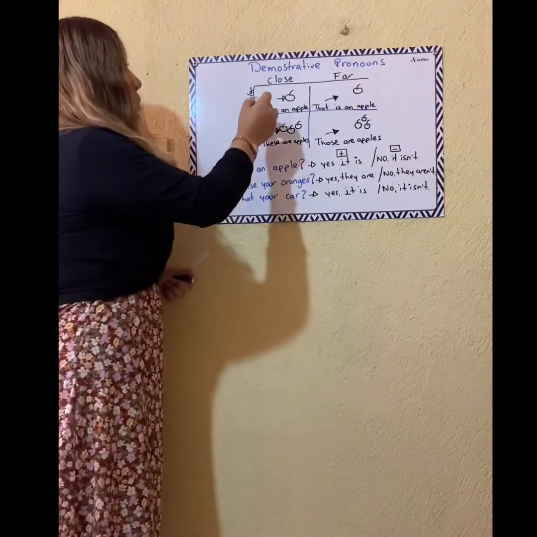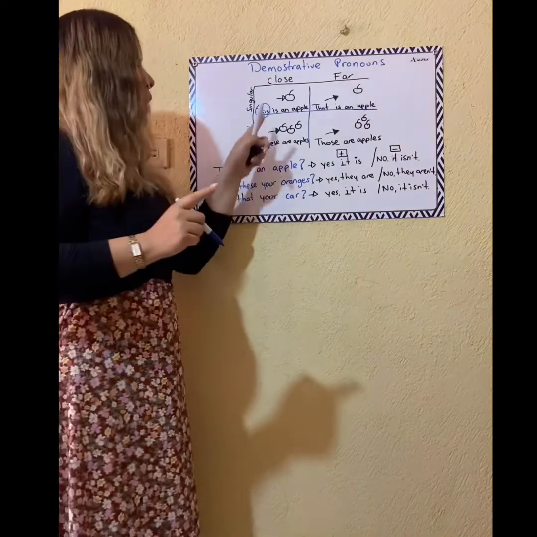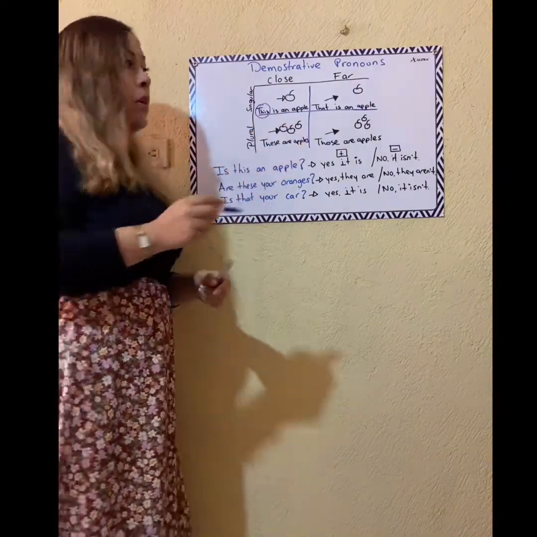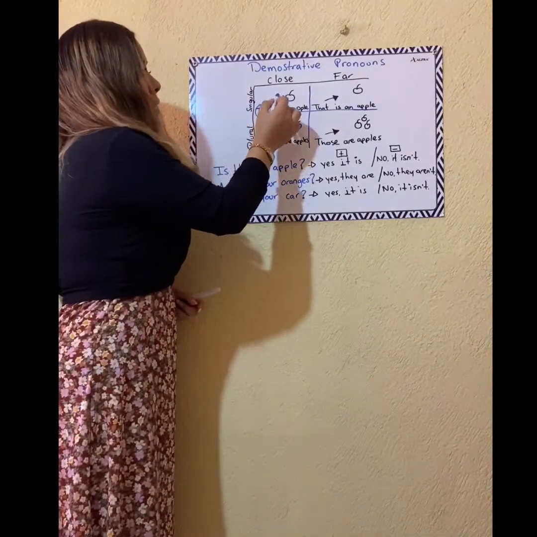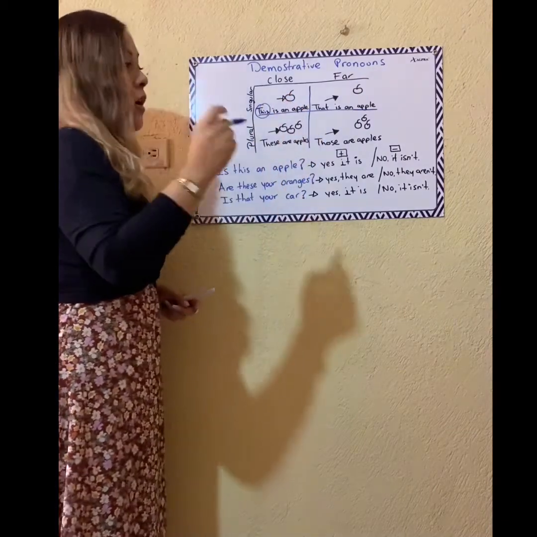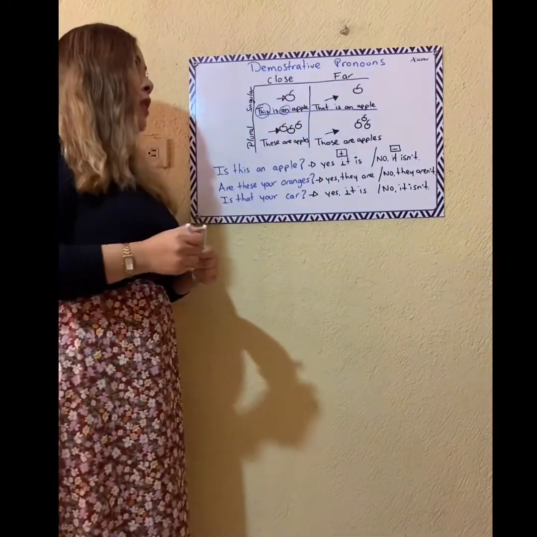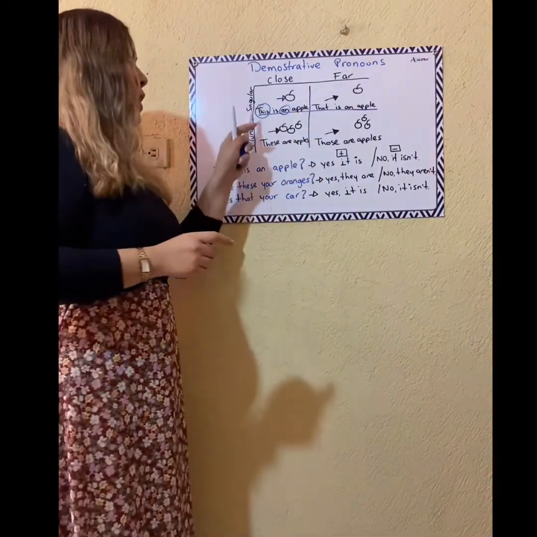I'm gonna use the demonstrative pronoun this, such as in the example, this is an apple. As you can see, the drawing is very close and is only one, an apple. That is the reason I am using the pronoun this.